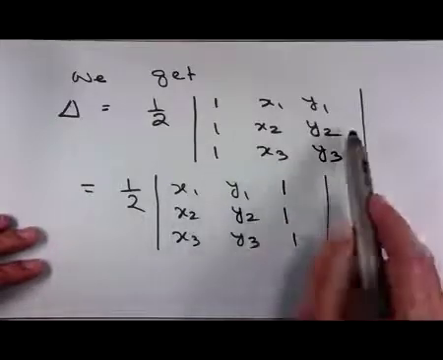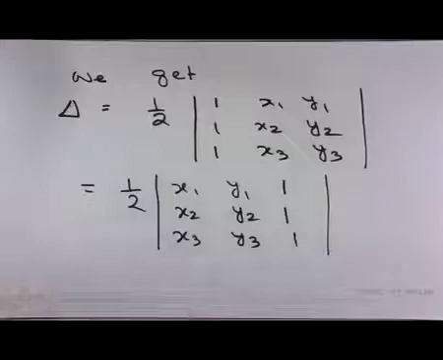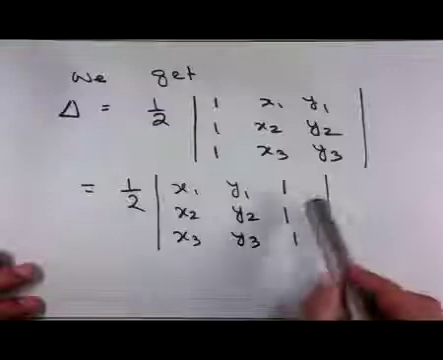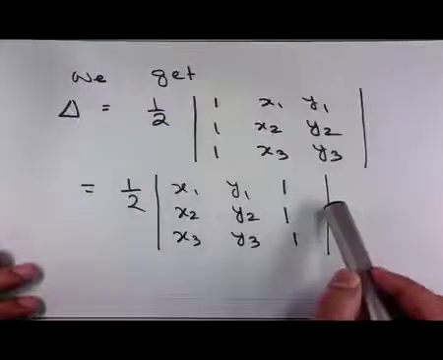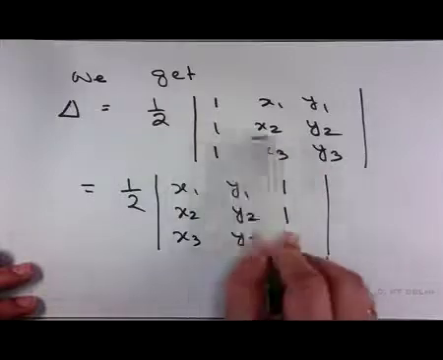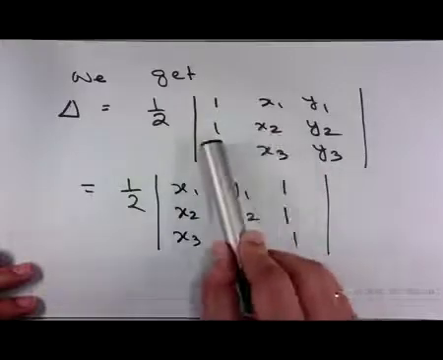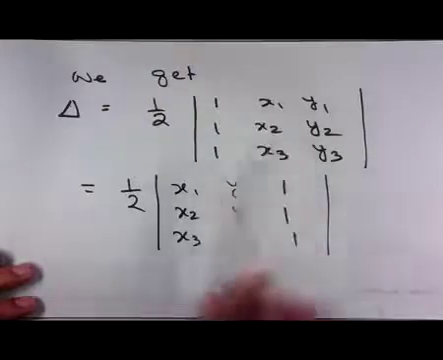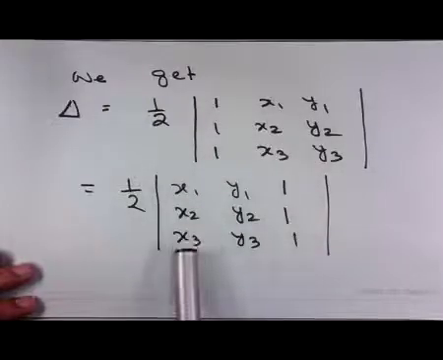I have done it like this, but if we look carefully, we will see that these two values are actually same, because here if we swap the first column with the second column, 1 1 1 will come here, x1 x2 x3 will come here.